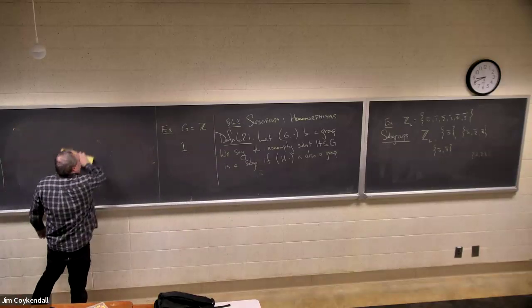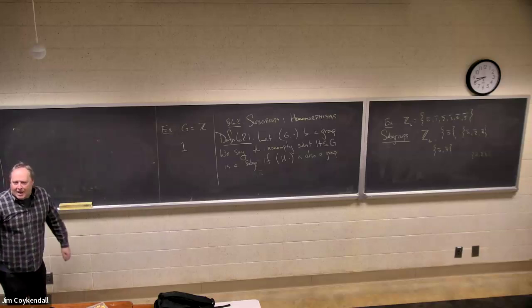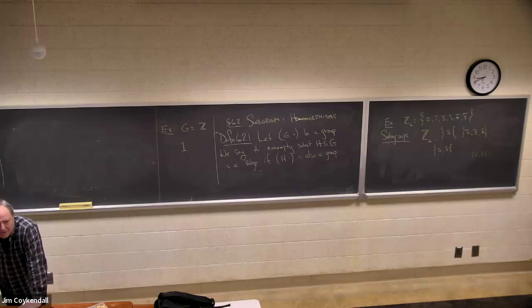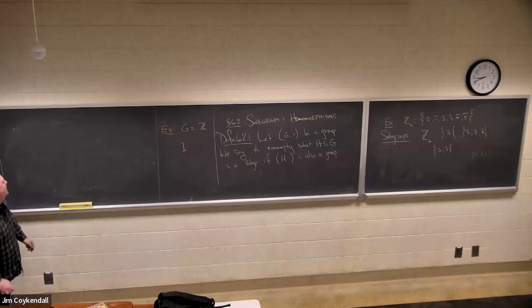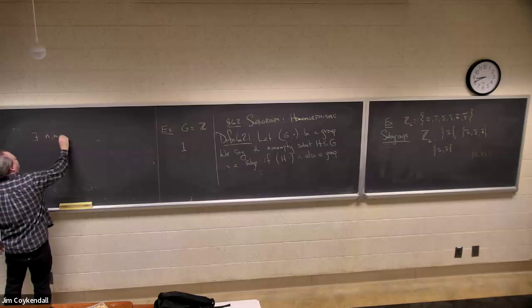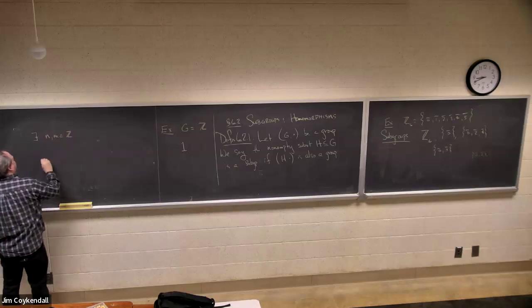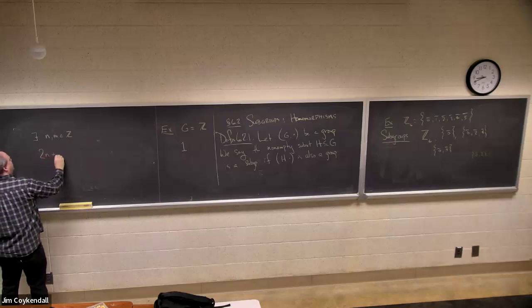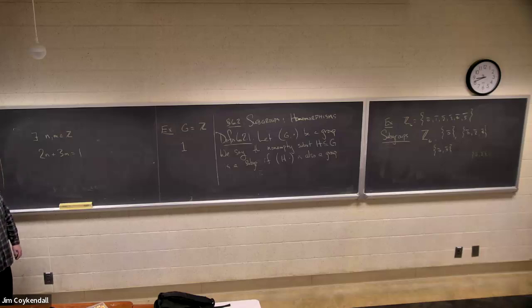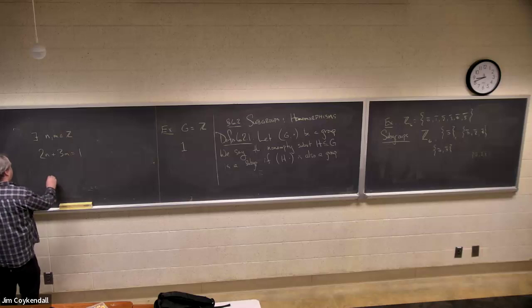Everybody agree with that? And what's the big thing that we know about the greatest common divisor of 2 elements? It's a linear combination of those two. There exist n, m in the integers such that 2n plus 3m is equal to 1. Let's do a translation to Z6.